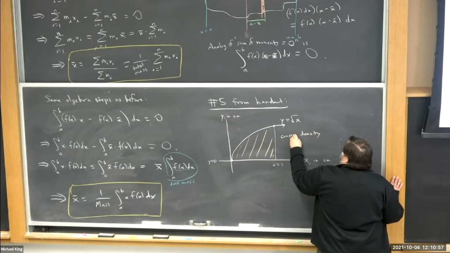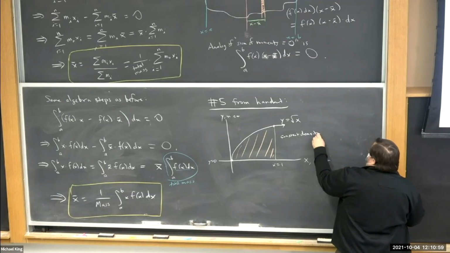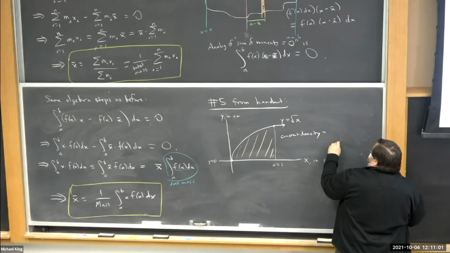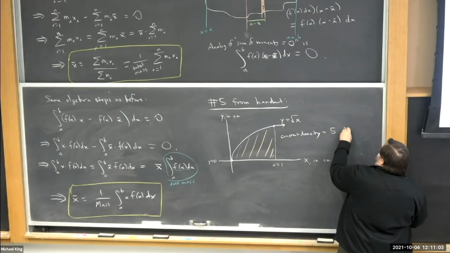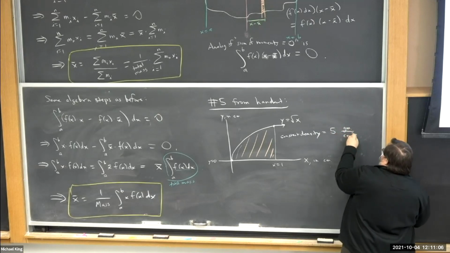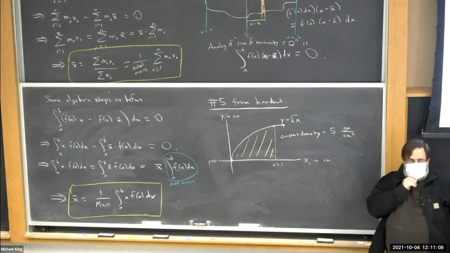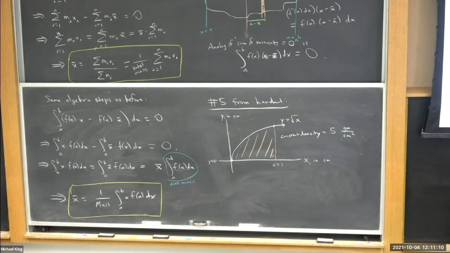It's really helpful here to have constant density, 5 grams per centimeter squared. Right, it's an area density because it's a two-dimensional object. And so it says find the center of mass.